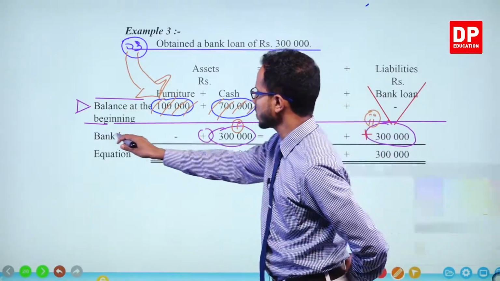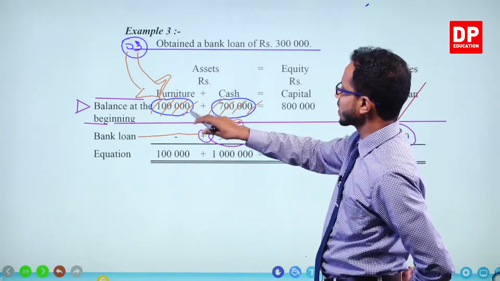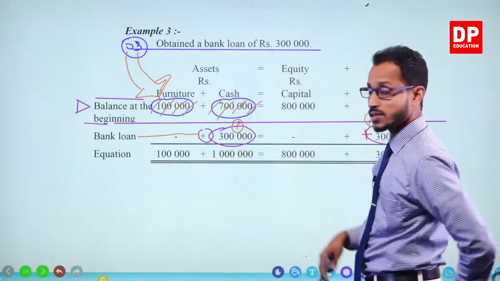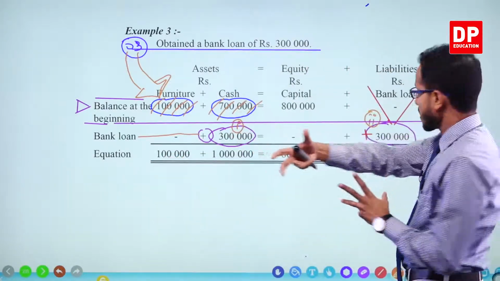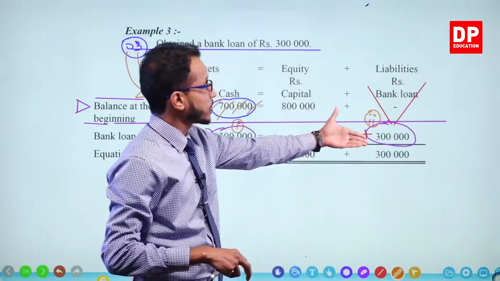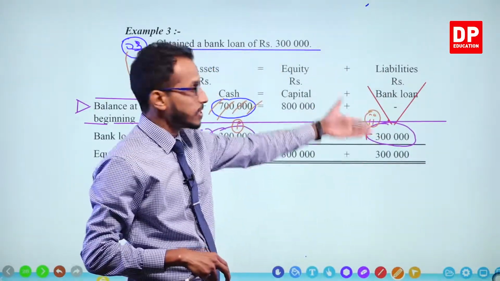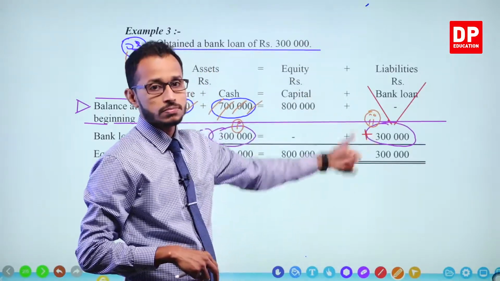This is the bank loan, and how bank loan has affected the accounting equation. Assets increased by 300,000 because 300,000 cash come into the business, but at the same time, I'll move this way so you can see the bank loan is a liability. Then under liabilities also it increases 300,000.